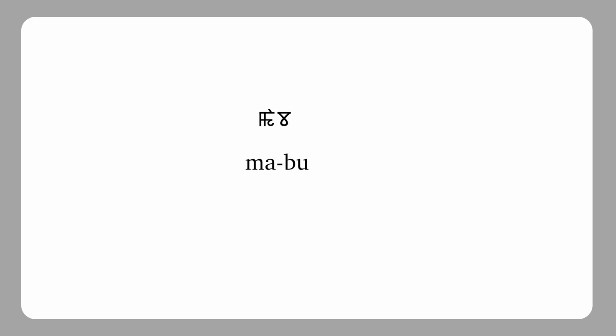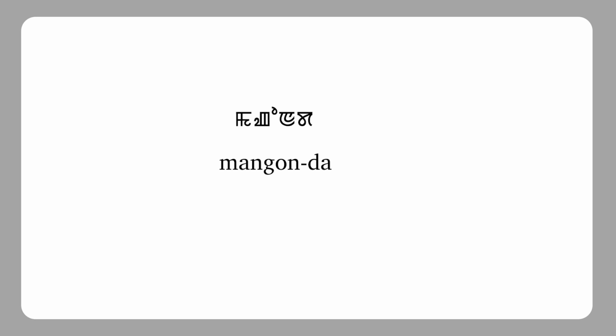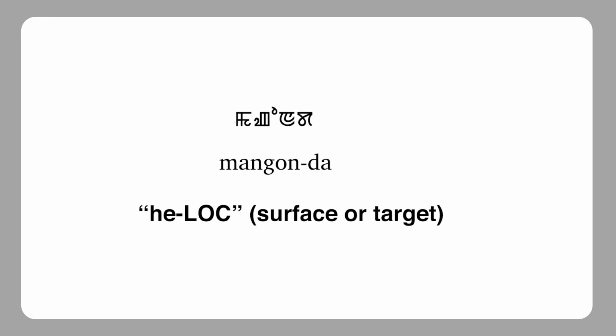Here, the same participant can be conceptualized either as a person mabu, the accusative, affected entity, or as a location mangonda, the locative, surface or target. This reflects a shift in semantic perspective rather than a change in the event itself.